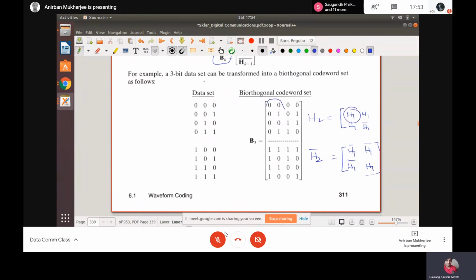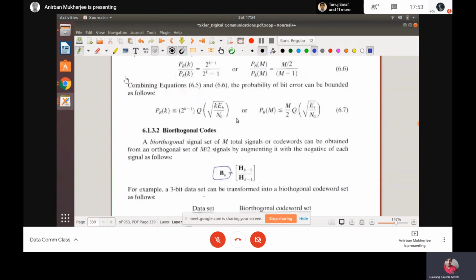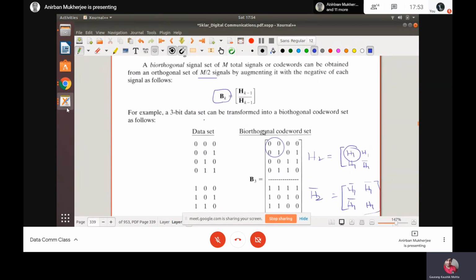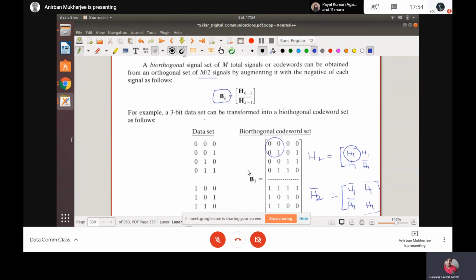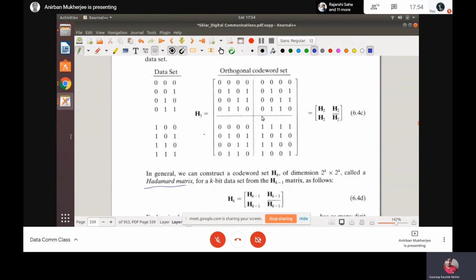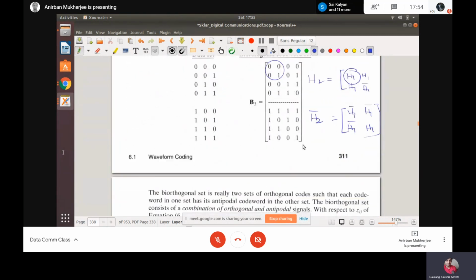In this bi-orthogonal set, M total signals can be obtained from an orthogonal set of M/2 signals by augmenting it with the negative of each signal. So earlier for this data set you have 8 columns, but here you are getting 4 columns, but still the set is similar.